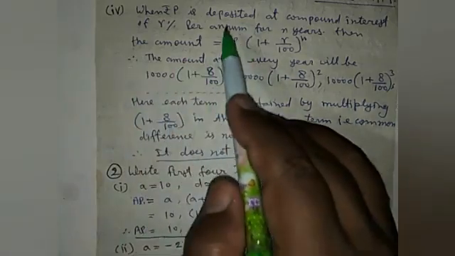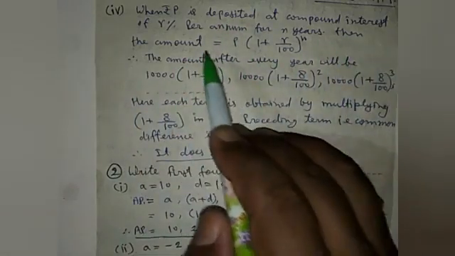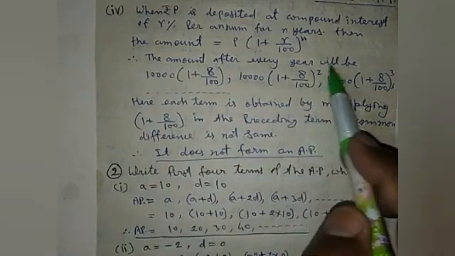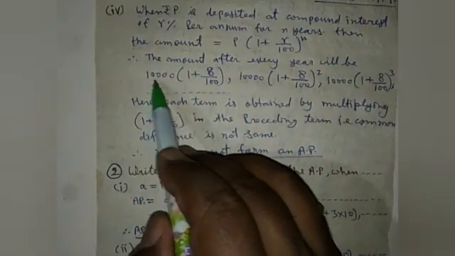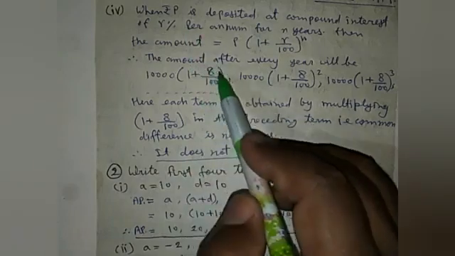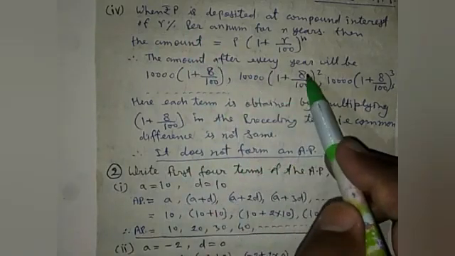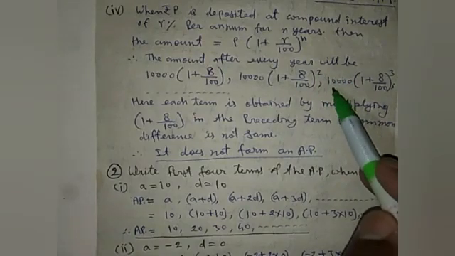So here the deposited amount is 10,000 rupees. So the amount after every year will be 10,000 into (1 plus 8 upon 100). Then next year 10,000 into (1 plus 8 upon 100) whole square. Then 10,000 into (1 plus 8 upon 100) whole cube, and so on.